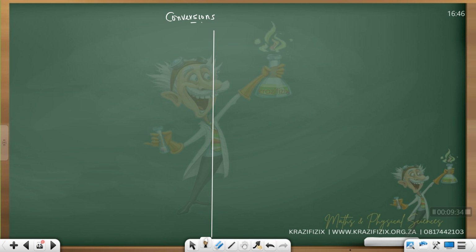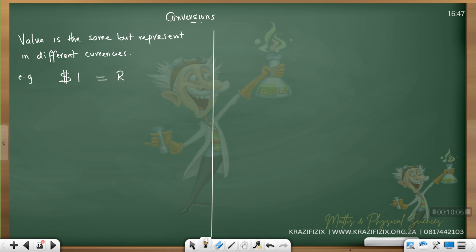All right. Now, guys, when we talk about conversions, value remains the same, but represented in different currencies. For example, $1 is equal to 22 rands.